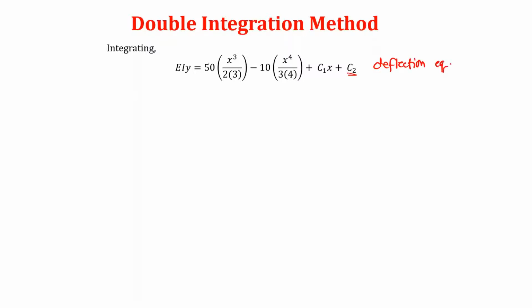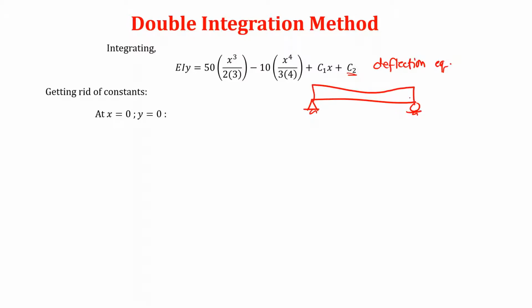Okay? Now, the next step is to get rid of the constants. Remember that this is our figure. What can we say about this? At the supports, there is no displacement or deflection.